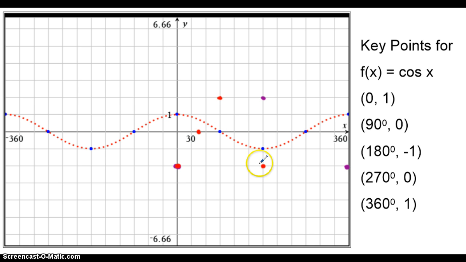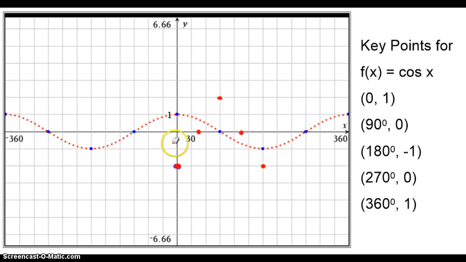Same thing on this side of the cycle. 90 degrees, 180, we need to have our 0 occurring halfway between, which is at 135 degrees. If I connected these points, I now have a graph of -2 cos 2x. The period of this graph is 180 degrees. I'm going to erase the other points.